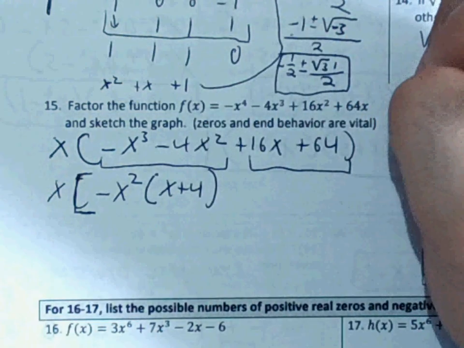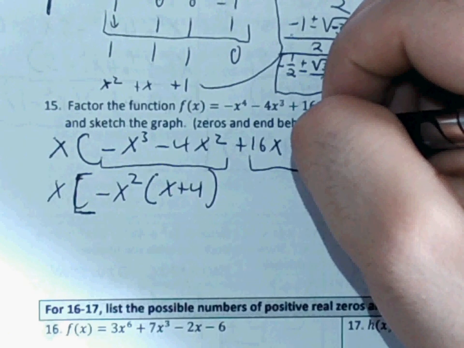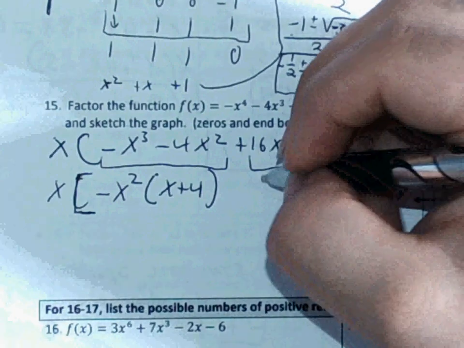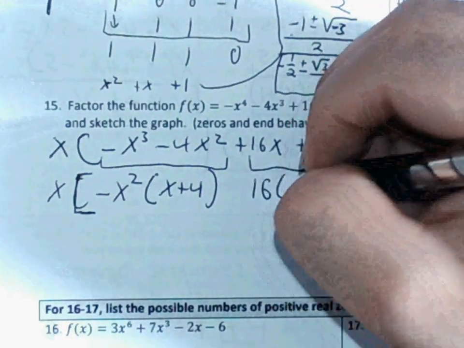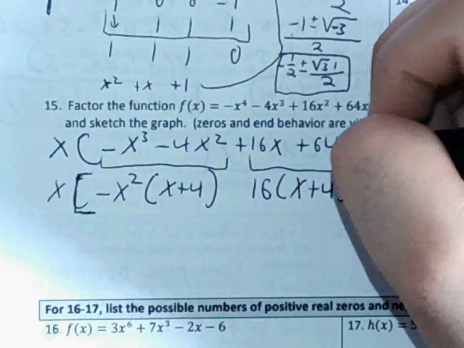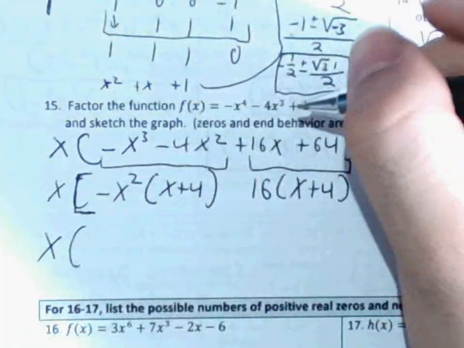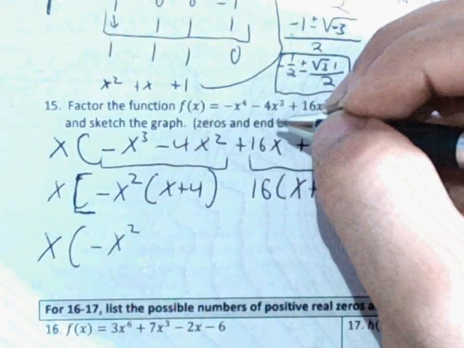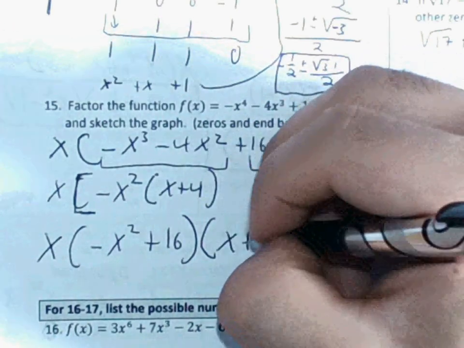And in this case, I could factor out a 16 here and have x plus 4. So this can ultimately factor as x times negative x squared plus 16 times x plus 4.